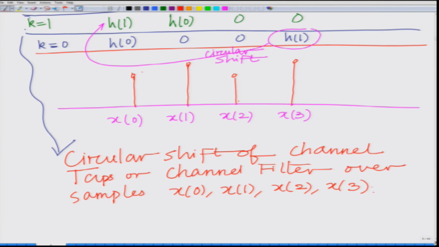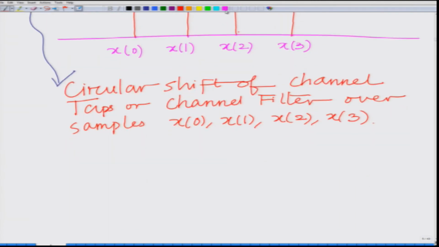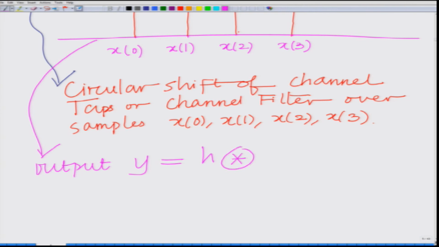Therefore, it represents a circular convolution. So the output Y equals H circularly convolved with X, plus, of course, the noise V.